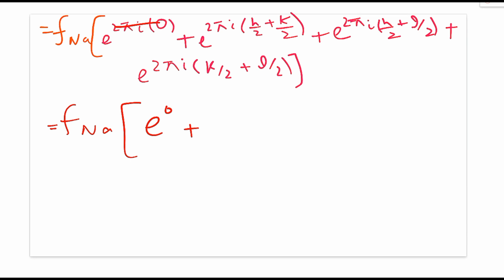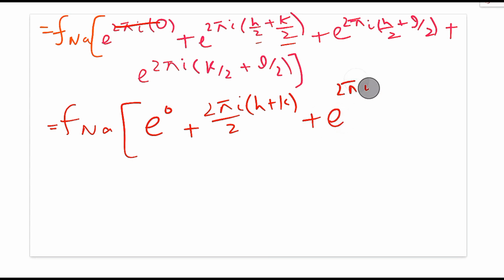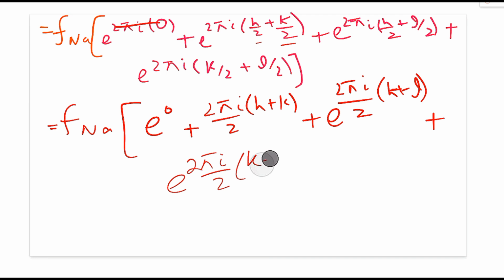Now here we can take this 1 by 2 common, so it's 2 pi iota by 2 into h plus k, plus e to the power, here again we can take 2 in the denominator outside, so we have h plus L, and plus in the last term again we'll have the similar thing, 2 pi iota by 2 into k plus L. Alright, we can close this bracket now.